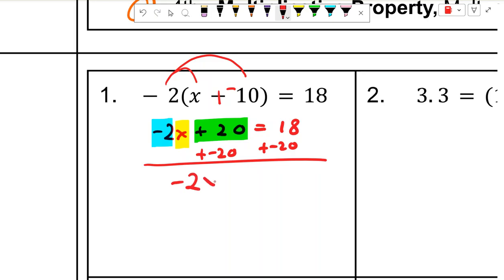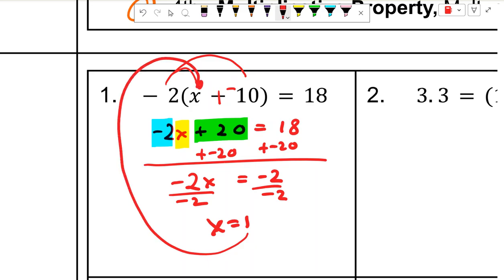And that gives us negative 2x is equal to negative 2. Well, then we divide by negative 2 on both sides, and x is 1. Remember, you can always take your answer and substitute it back in for x. Let's try it. 1 plus negative 10 is negative 9, and negative 9 plus negative 2 times negative 2 is positive 18.